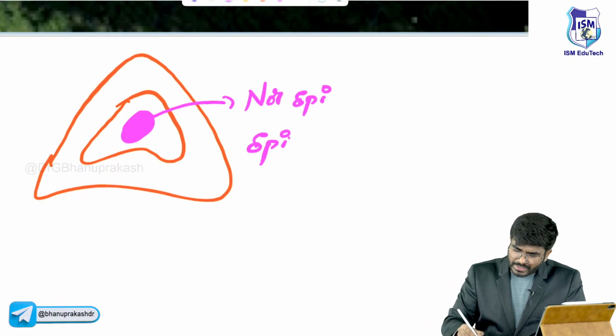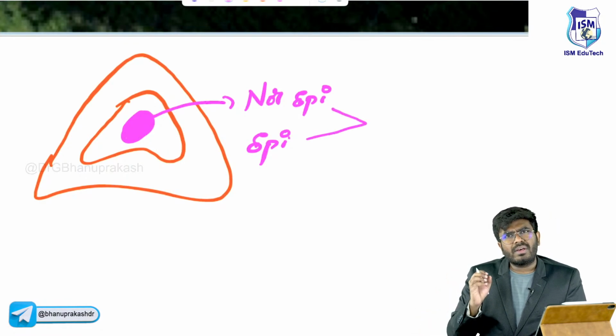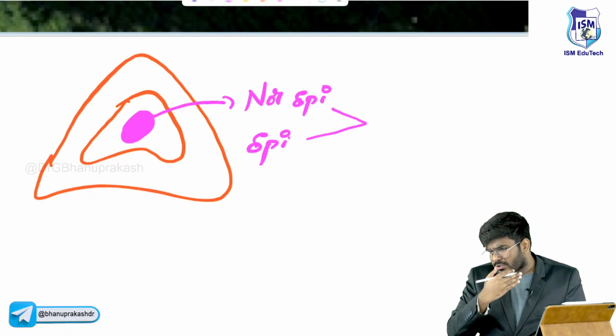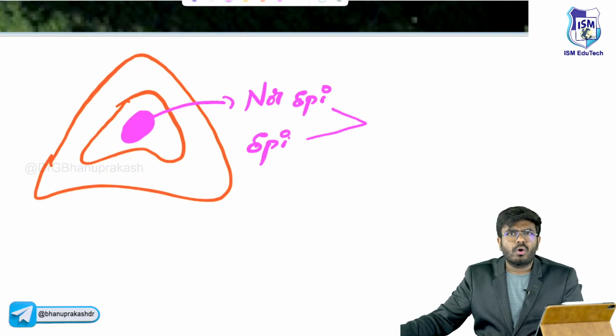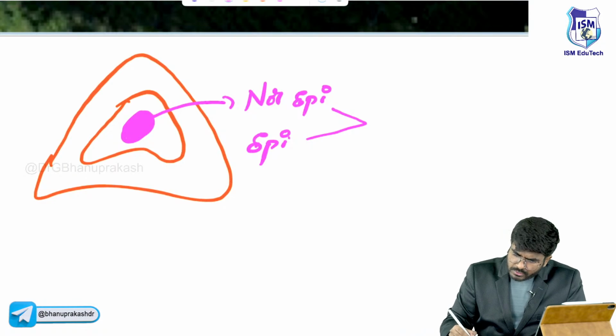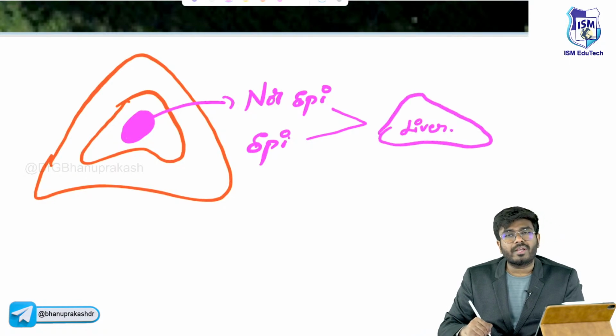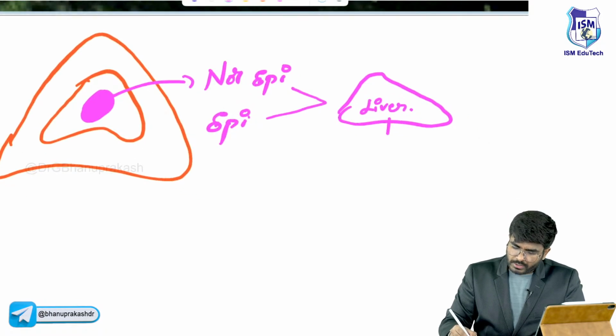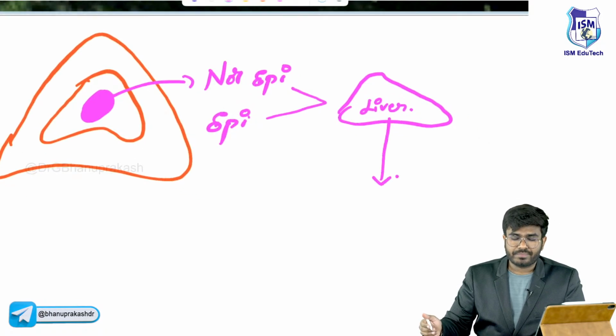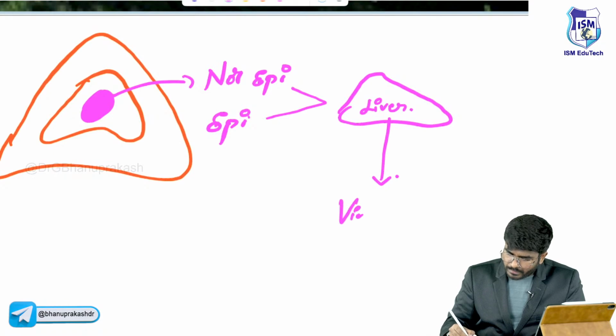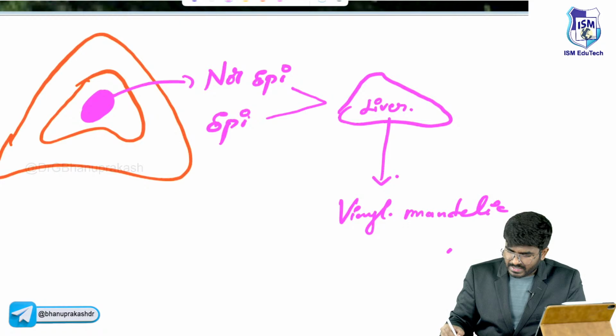Okay, but at the end of the day, do you think the norepinephrine is going to be there throughout the day? No. The norepinephrine is going to be metabolized where? In the liver. And epinephrine is going to be metabolized in the liver. So into what? Into the degradation products, metabolites. So they are vanillylmandelic acid, that is VMA.